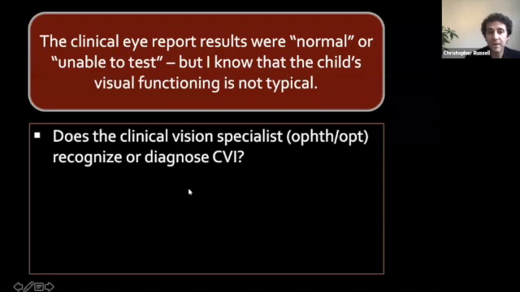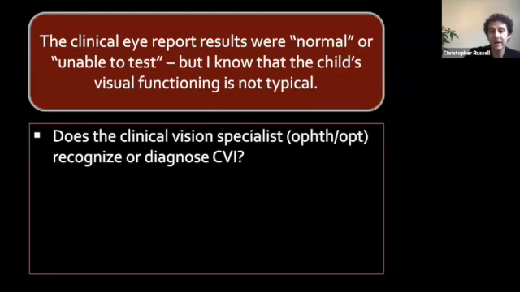Instead, you should ask yourself, does this clinical vision specialist, whatever their role is, ophthalmologist, optometrist, do they recognize and diagnose CVI? Don't assume that they do. Ophthalmologists and optometrists are skilled and studied and certified in understanding and looking at structural issues in the eye.